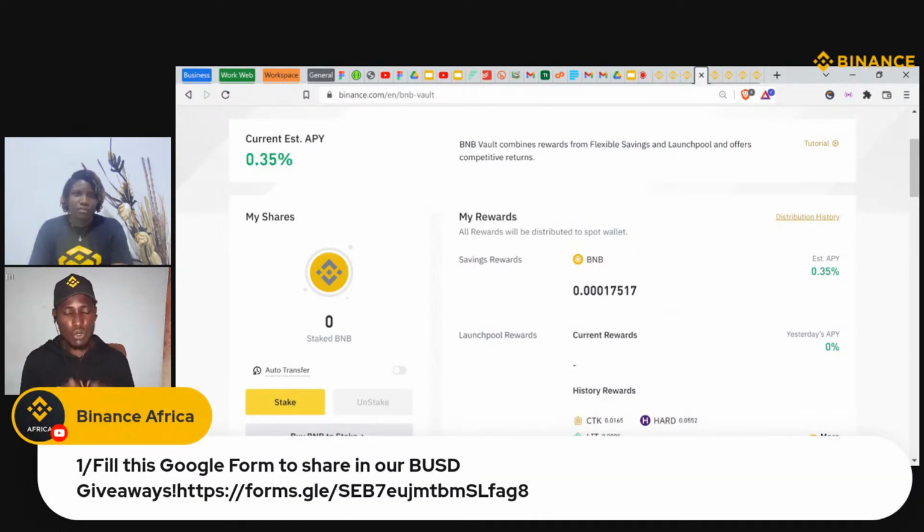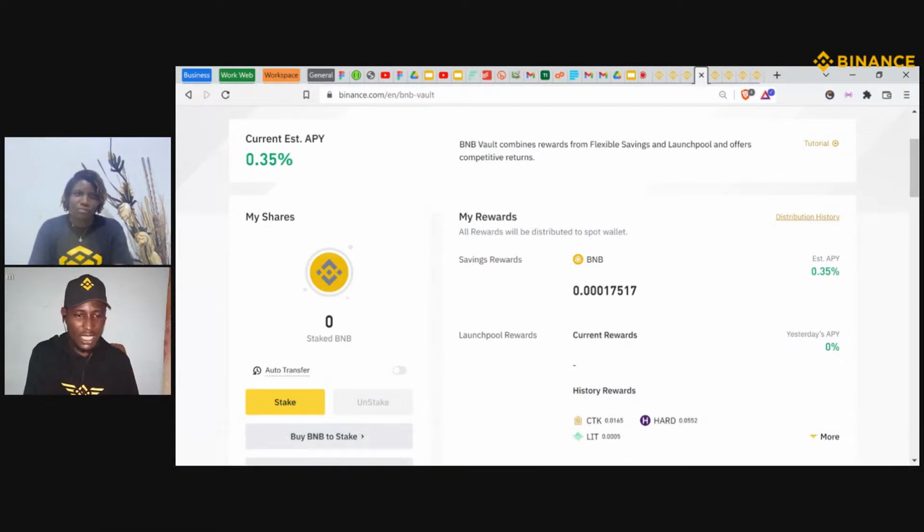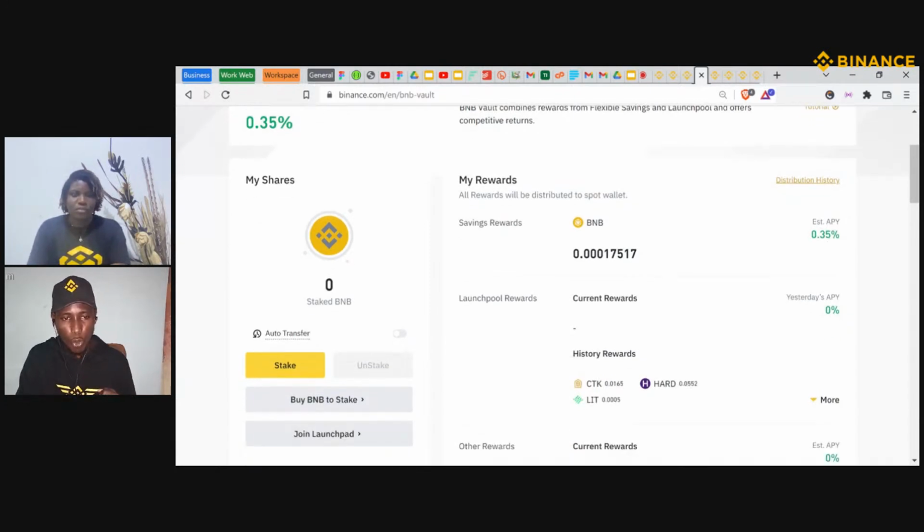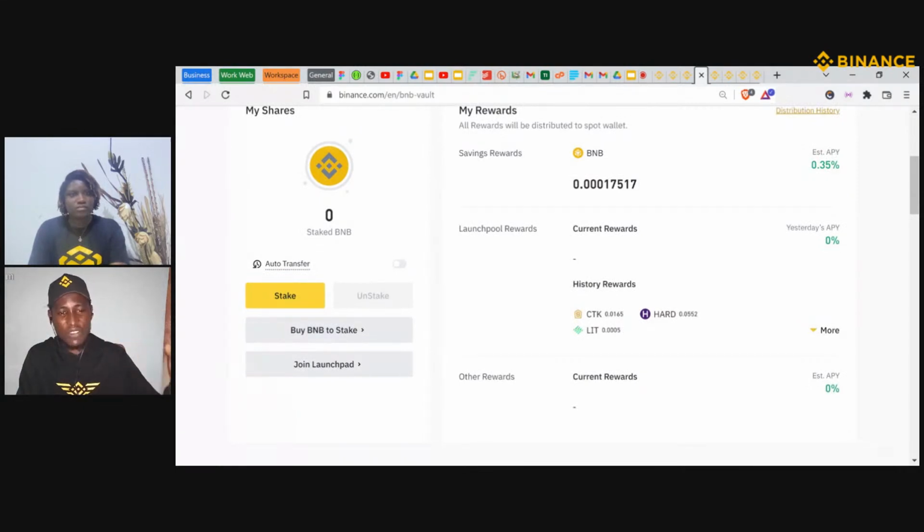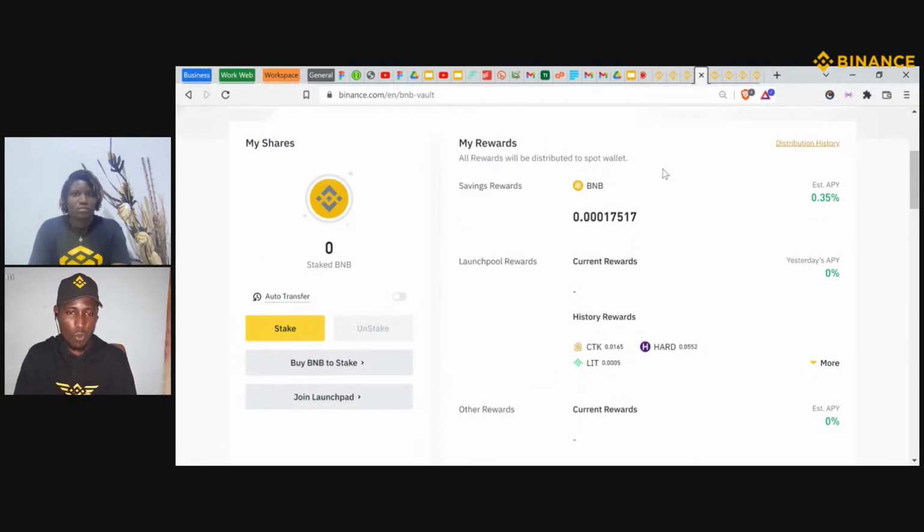In BNB Vault, you wouldn't have to worry about sending your crypto to savings or to locked staking or to Launchpool before you earn rewards. When you have your BNB in BNB Vault, you get rewards from other Earn products like savings, Launchpool rewards, and other rewards. You can track your rewards, where they're coming from, and how much you're getting.